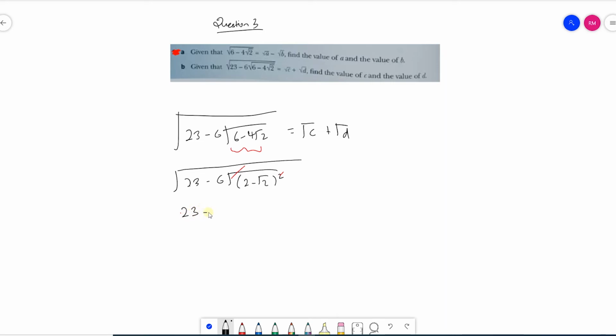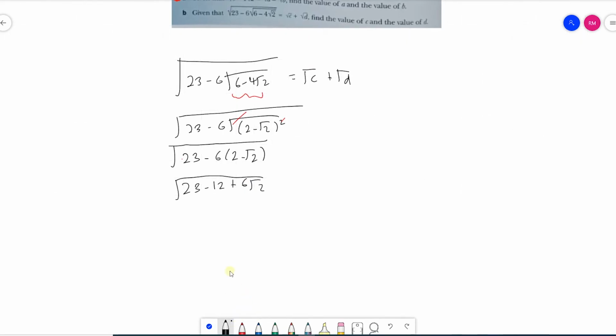So 23 minus 6 open bracket 2 minus surd 2 close bracket, and then rewrite the big surd. So 23 minus 12 plus 6 surd 2, square root again. Sorry, my handwriting is quite bad. So 23 minus 12 is 11, plus 6 surd 2. We need to use the same concept as what we used just now. Alright, hold on.